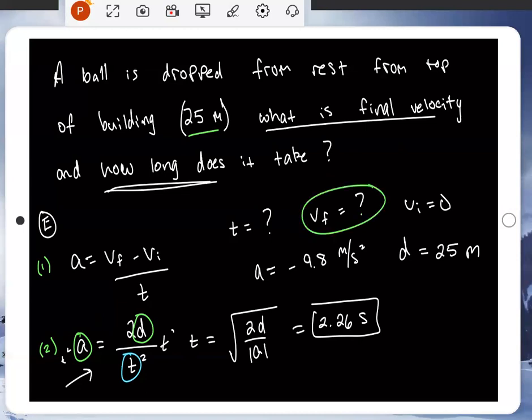Yes. And we have this equation here for it, so we can simply plug all that stuff in. So if I did that, I would get minus 9.8. We can use the minus sign now. VF, we don't know. 2.26.